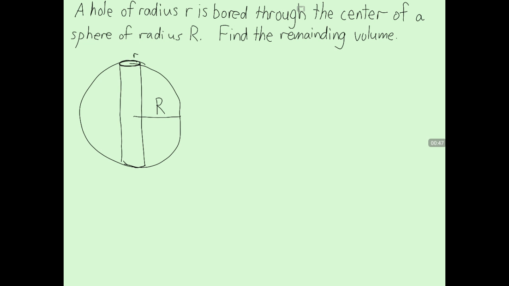Now, one way we can go about doing this is to consider the graph of a circle. If we want the circle to be this big sphere over here, then we could have its equation be x squared plus y squared equals big R squared, where our horizontal axis is x and our vertical axis is y.